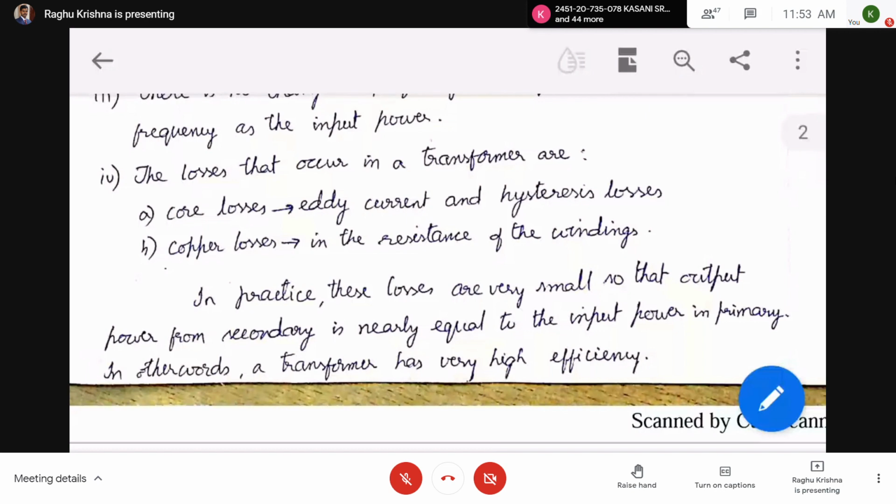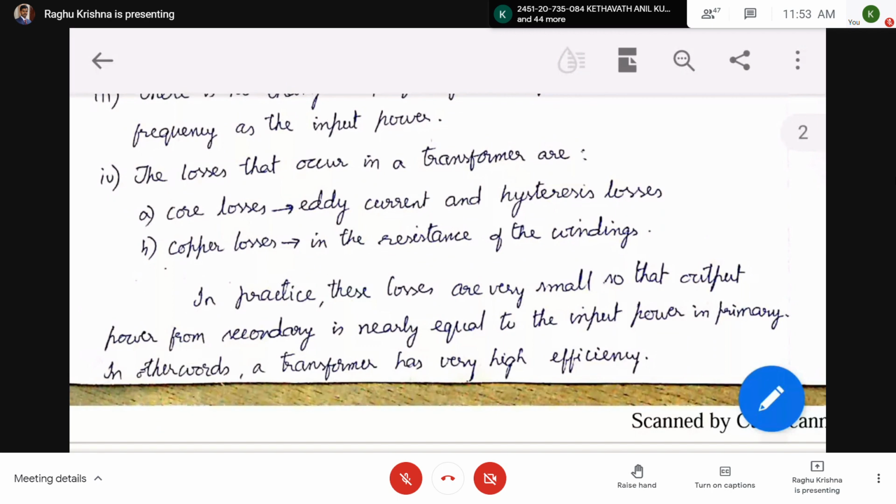Hysteresis losses can be reduced by using high grade silicon steel. By using high grade steel material, we are going to reduce the hysteresis losses. You know that hysteresis loop.